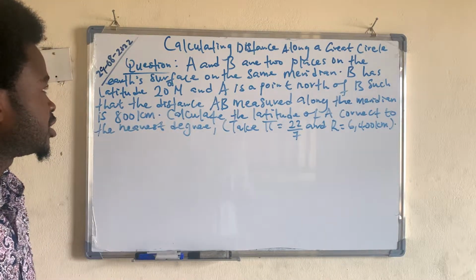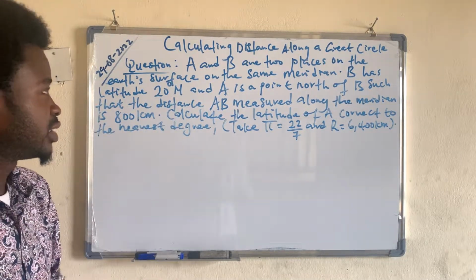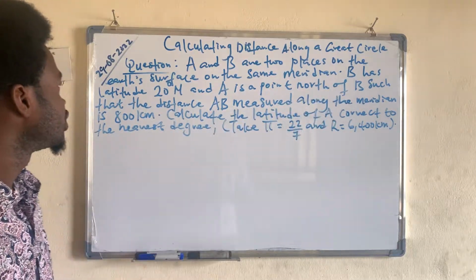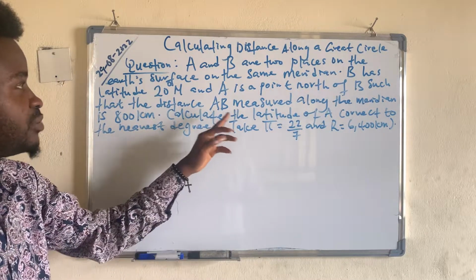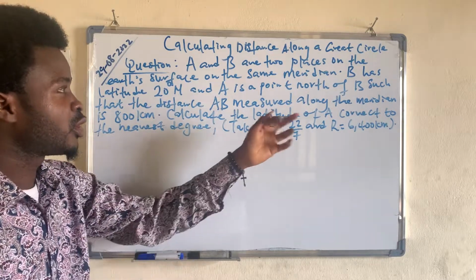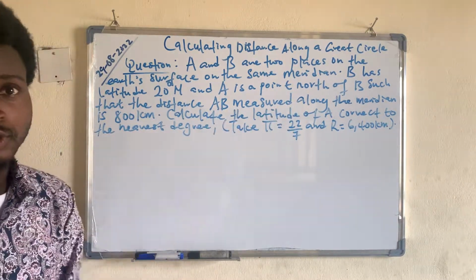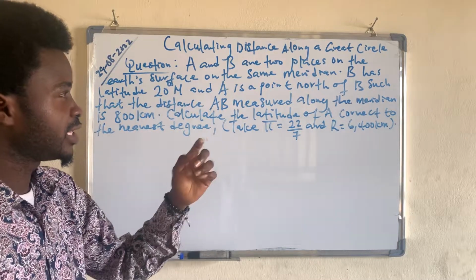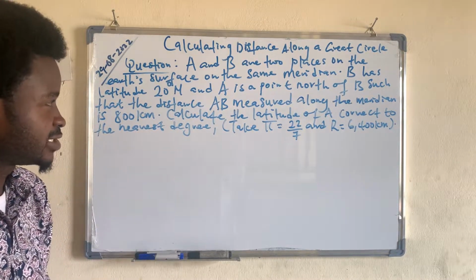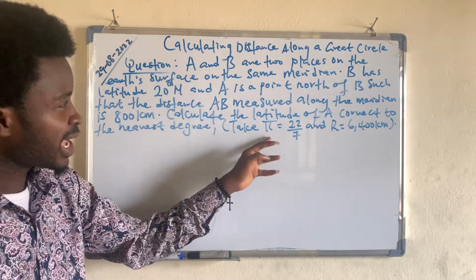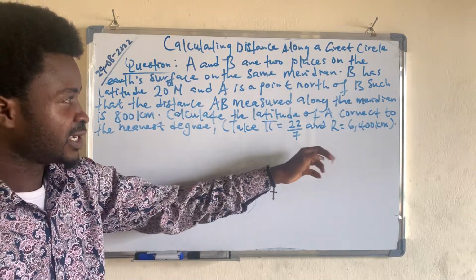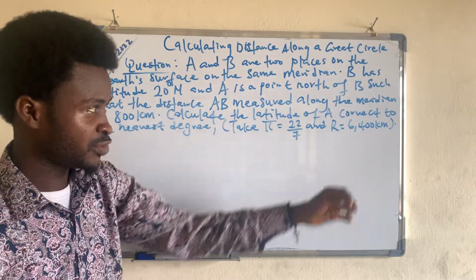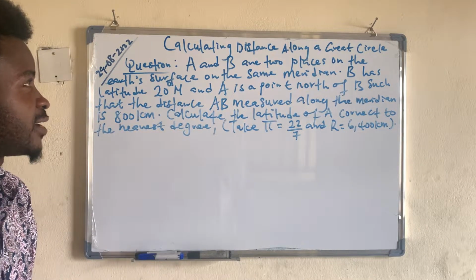B has latitude 20 degrees north and A is a point north of B, such that the distance AB measured along the meridian is 800 kilometers. Calculate the latitude of A correct to the nearest degree. We are to take pi as 22/7 and the radius of the Earth, R, as 6,400 kilometers.